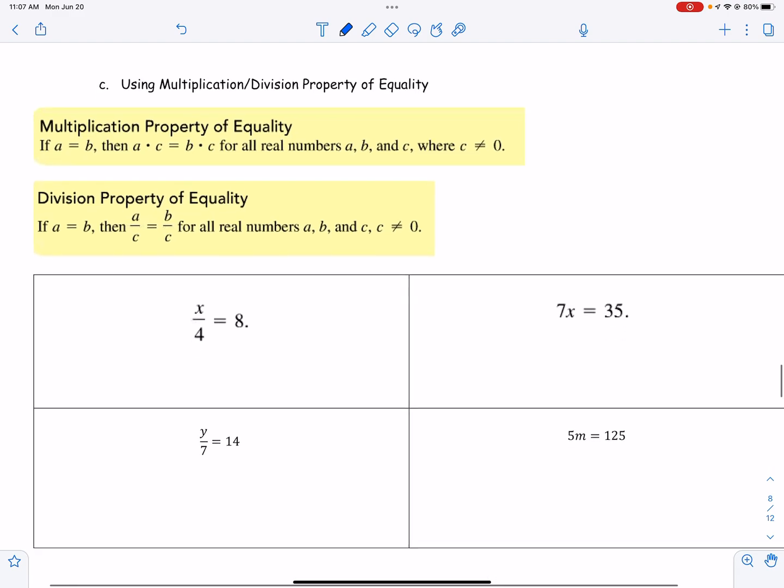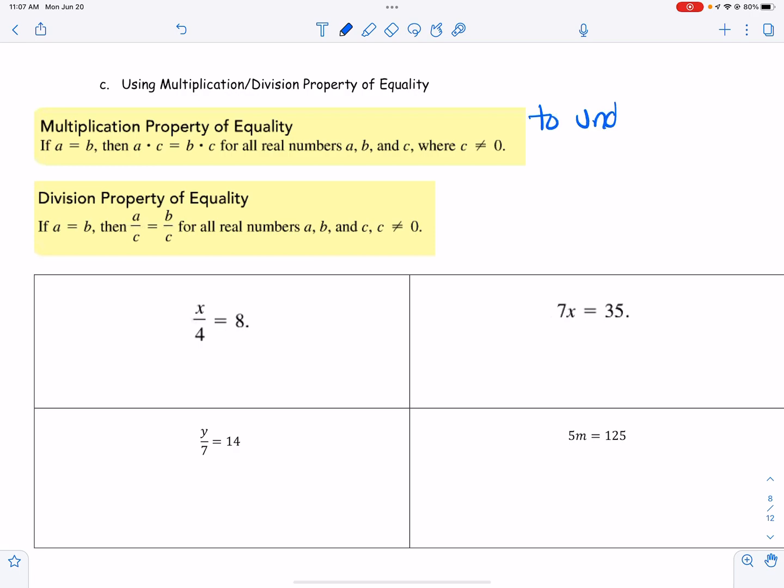Okay, now we're going to do the reverse of multiplication and division. So to undo multiplication, use division. And to undo division, use multiplication. Now, it's very common for this first problem, x divided by 4 is equal to 8, that students will give me the wrong answer of 2.